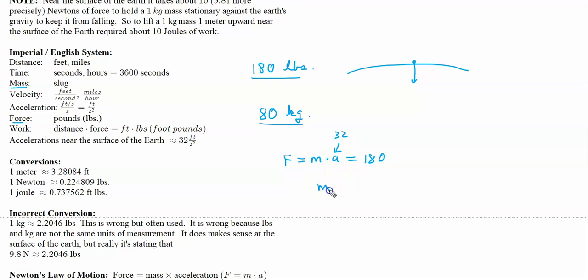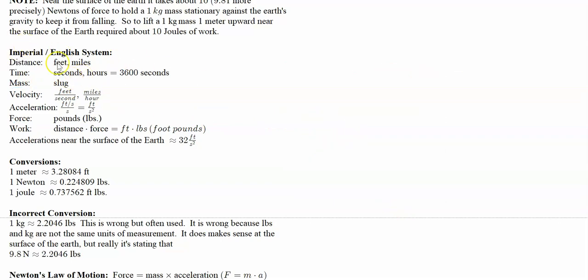So your mass would actually be 180 divided by 32, and the units associated with that is called a slug. You don't normally deal with that very often in the English system, but that's how you calculate mass. We're not going to have to worry about that in our lecture here, but just for some information there.